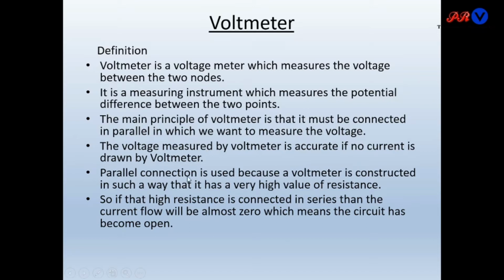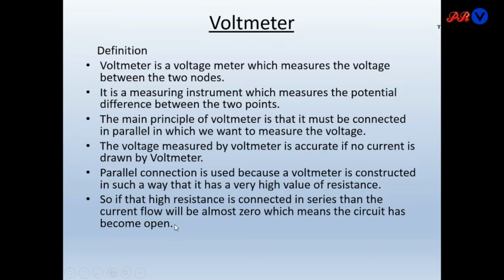So parallel connection is used because a voltmeter is constructed in such a way that it has a very high value of resistance, so that it cannot draw current from the circuit. If that high resistance is connected in series, then the current flow will be almost 0, which means the circuit has become open.